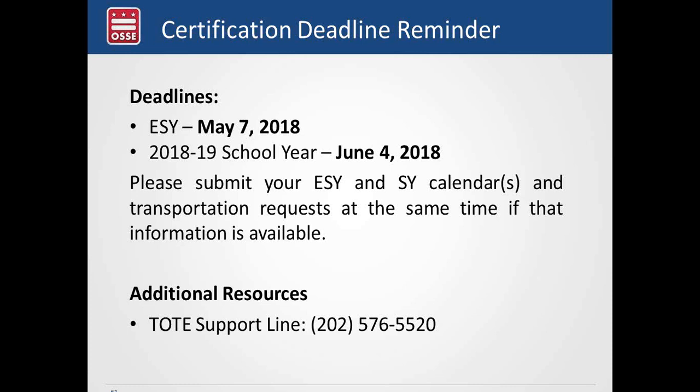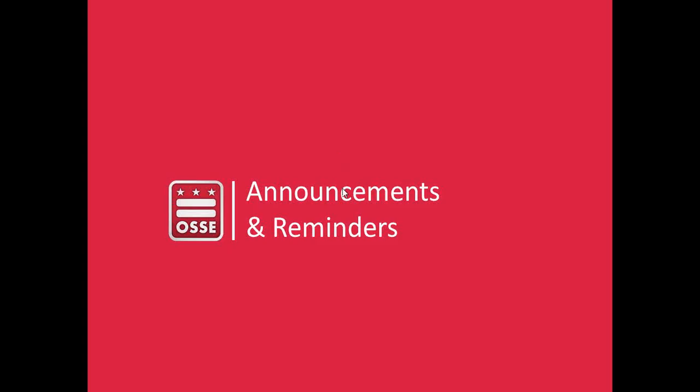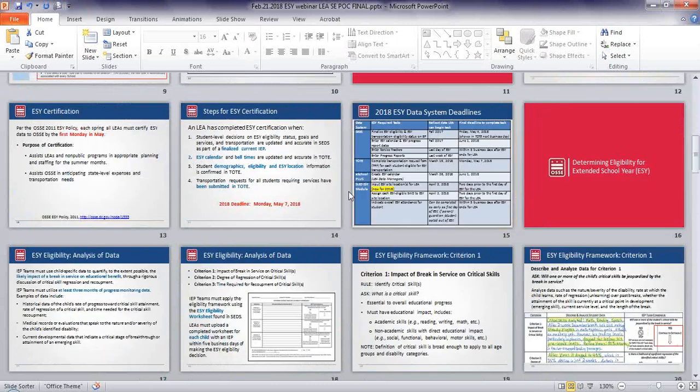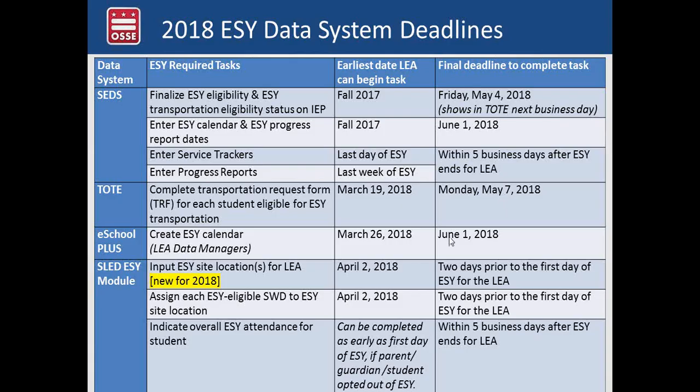Correct. So that's why I tried to backwards map this for you. Let me go back to that table. Let me show this table one more time. That's why up in SEDS, you will see this first line where it says finalize ESY on the IEP. I actually put the deadline of Friday, May 4th because it takes a business day.